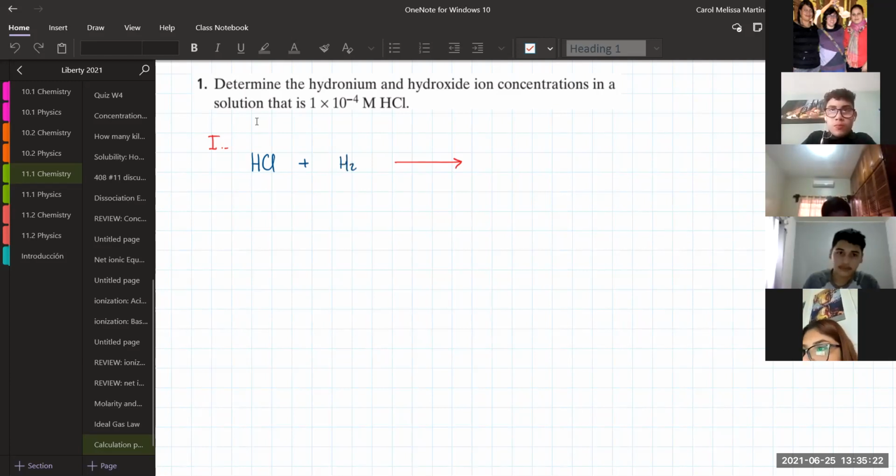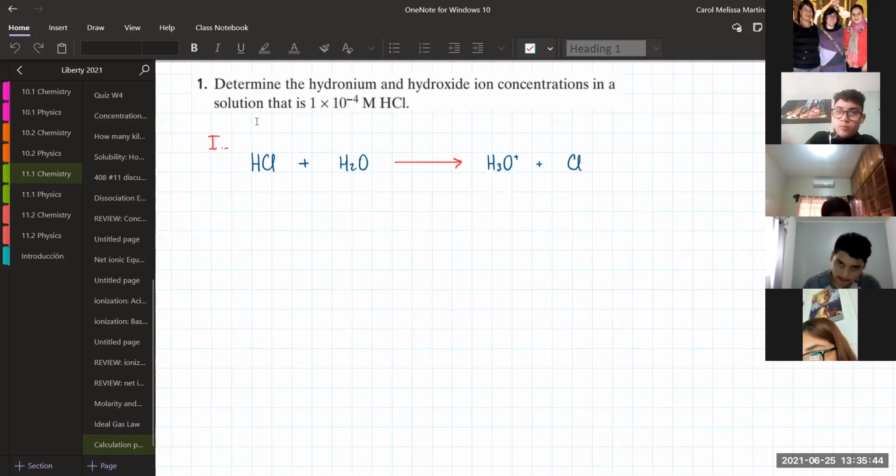Now the product is always going to be hydronium ion, and the other product is going to be the acid without the H, which is just chlorine, but not as a single element, as an ion.